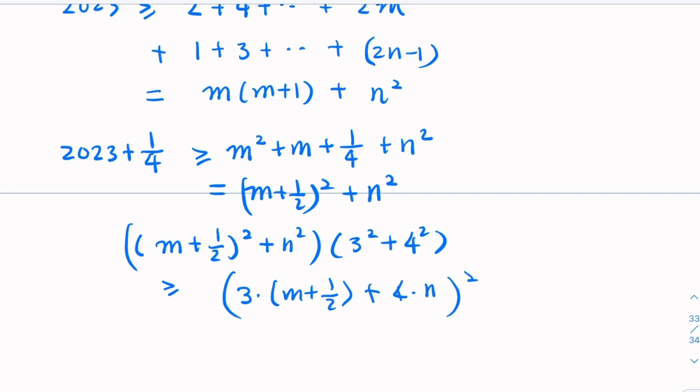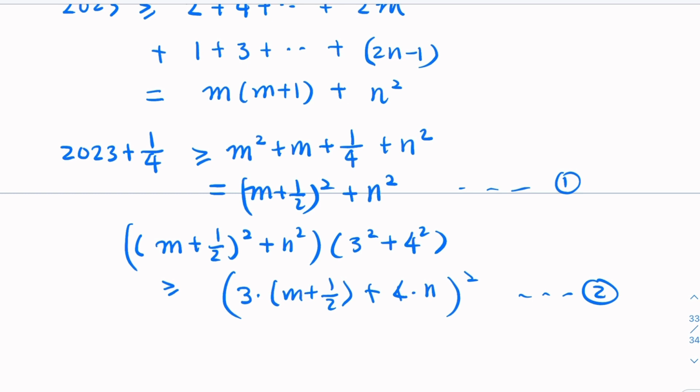So by doing that, what we have is something close to 3m plus 4n, right? So let's combine these two inequalities here, inequality number 1 and inequality number 2.